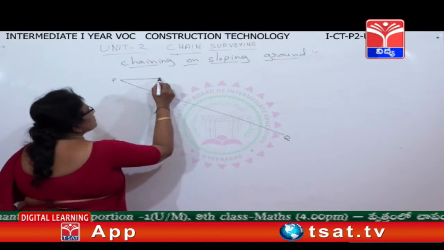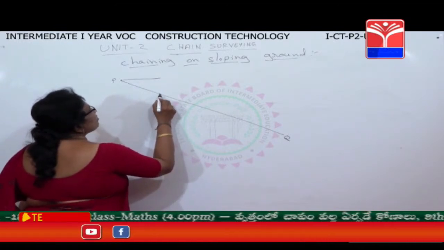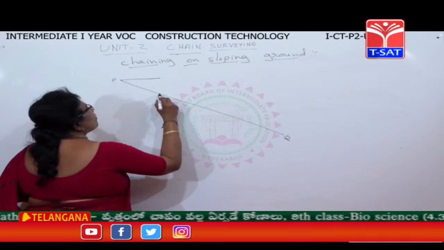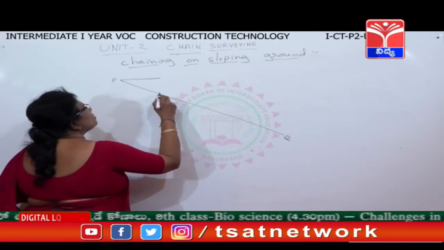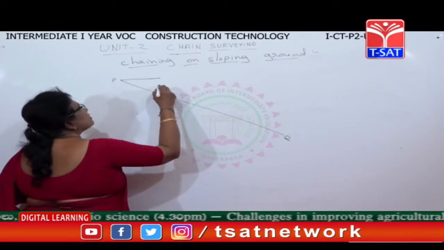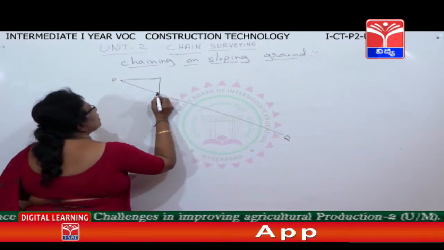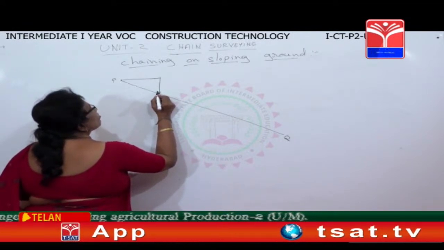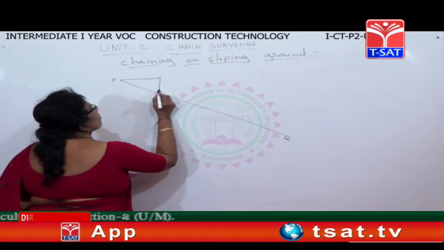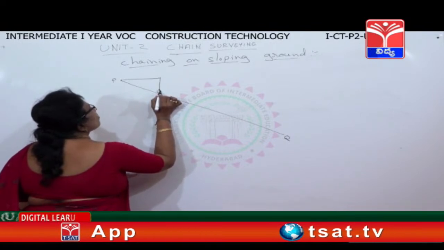From here you will place one plumb bob. Plumb bob is used, as I told you, while measuring slope distances. So this is a plumb bob.